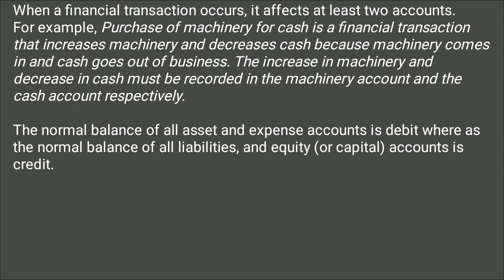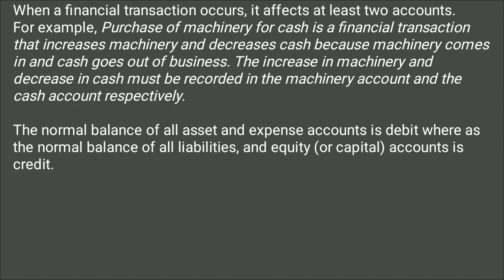For example, purchase of machinery for cash is a financial transaction for any business organization, and in this transaction machinery, which is an asset, will increase in the business, but on the other hand, cash, which is also an asset, is going to decrease. Okay, because machinery is entering the business and cash is going out of the business.